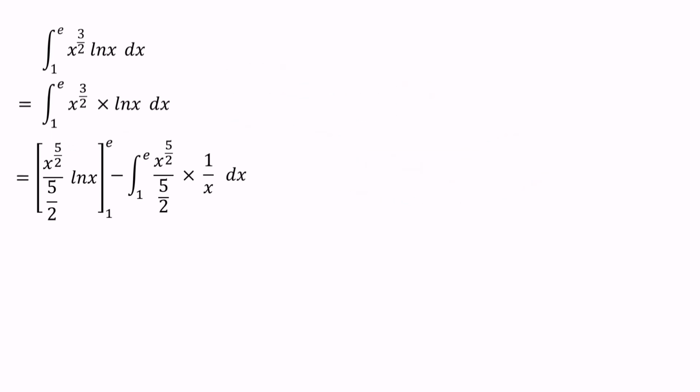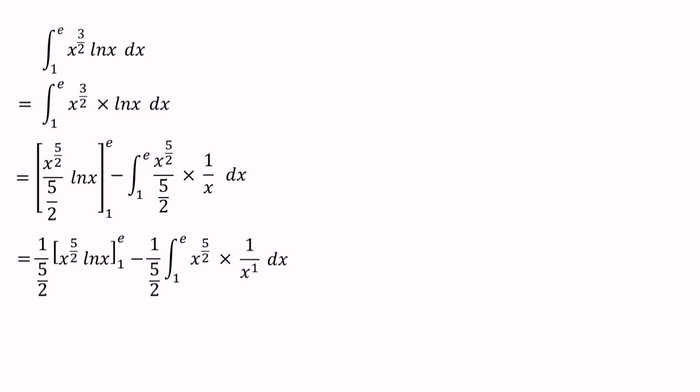Denominator value 5 over 2 is a constant. So we can bring 1 over 5 over 2 outside of the brackets and outside of the integral. 1 over x we can write as 1 over x to the power of 1. 1 over 5 over 2 equals 2 over 5.